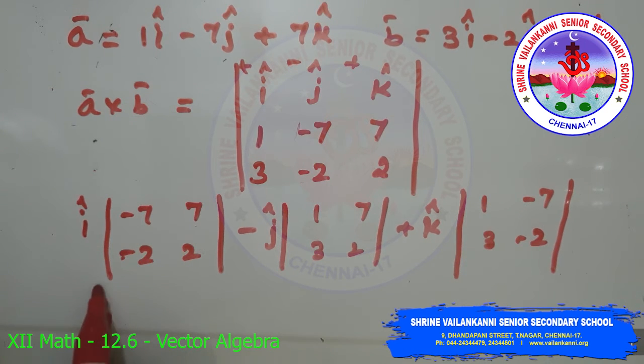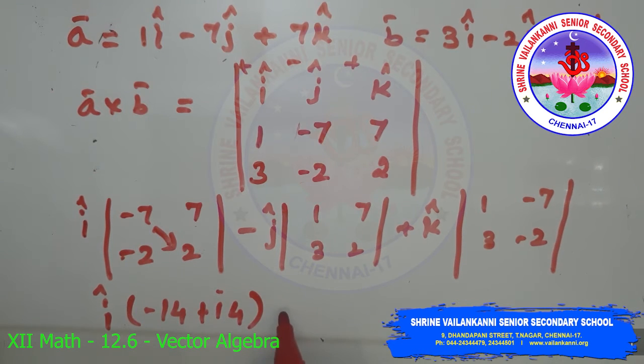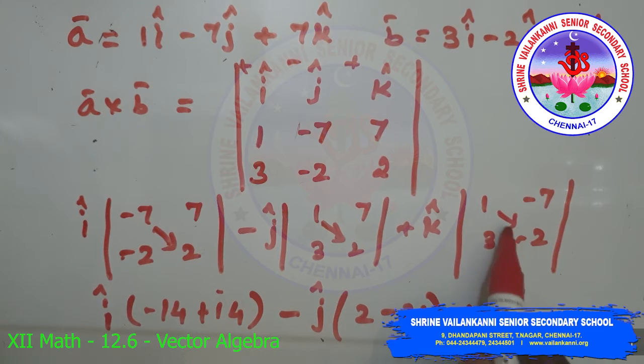So i into minus 7 into 2 minus 14, minus of minus 2 into 7 minus 14, so minus of minus is plus 14, minus j into 1 into 2, 2 minus 21, plus k into minus 2 minus 21, which is plus 21.